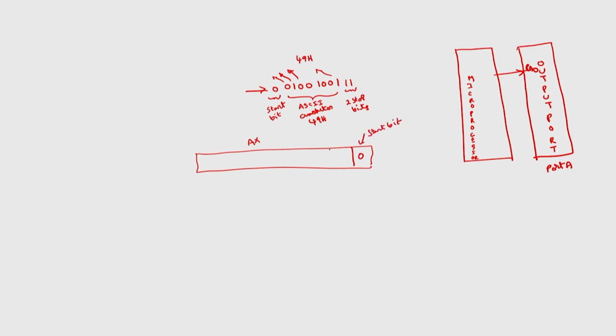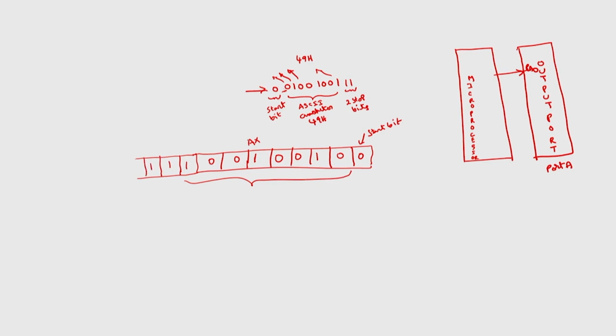Then the character bits are, the first bit will be 0 in this direction, then 1, then 0, 0, then 1, 0, 0, then we have 1. This is the start bit and this is the character, then we have 2 stop bits, 1 1.